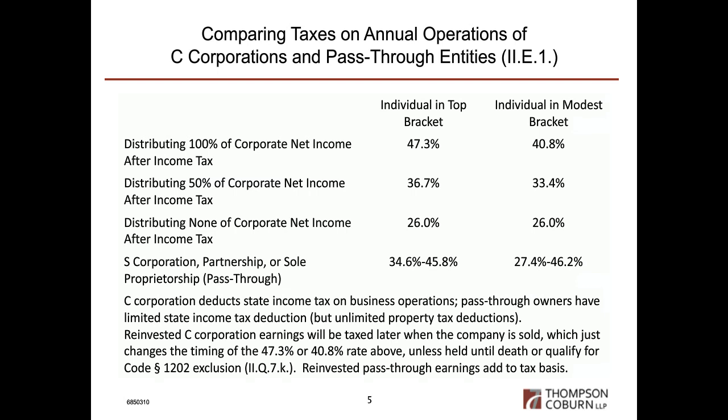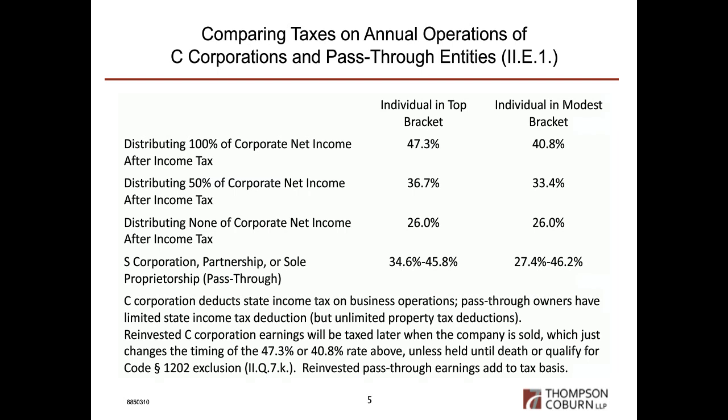So that 47.3% is generally a pay me now or pay me later. And you can see similarly for somebody in the modest bracket, the rates are 40.8% if you distribute all of the earnings, 33.4% if you distribute half, 26% if you distribute none.